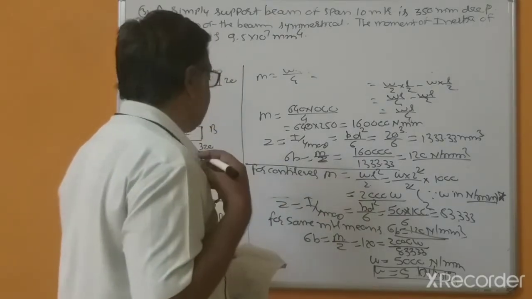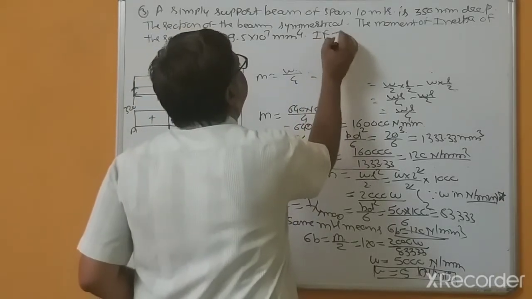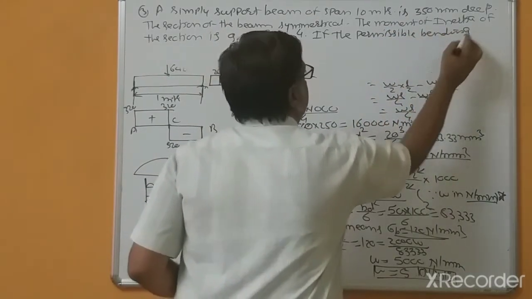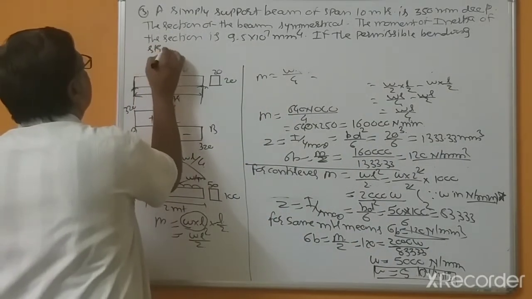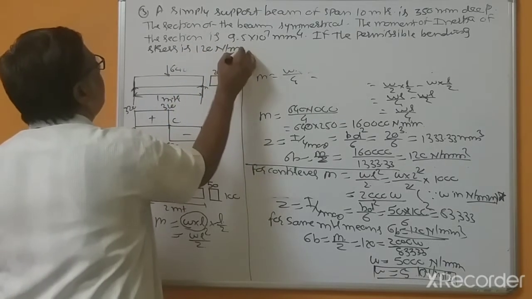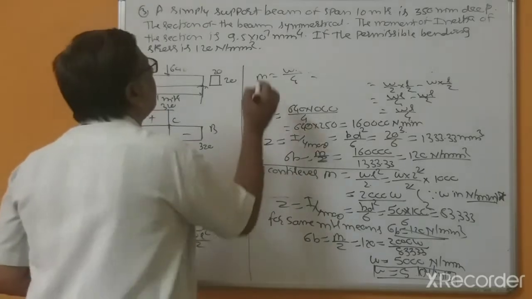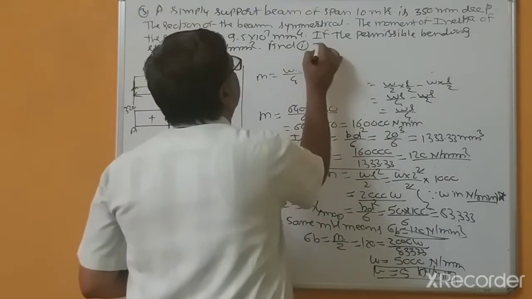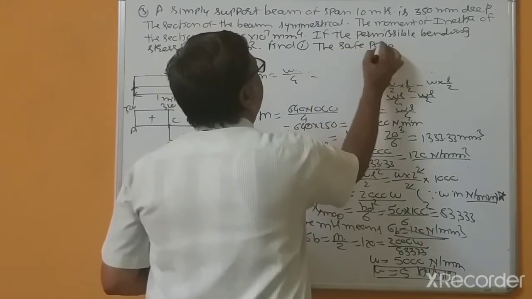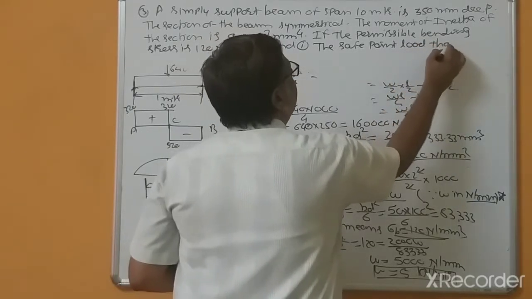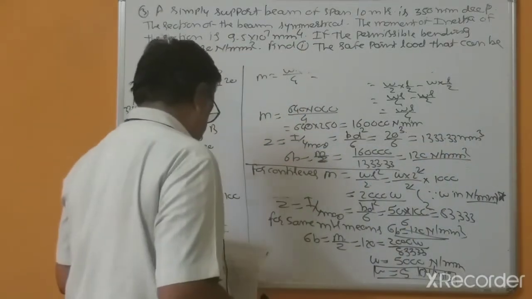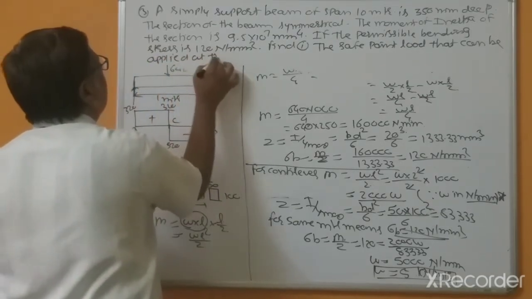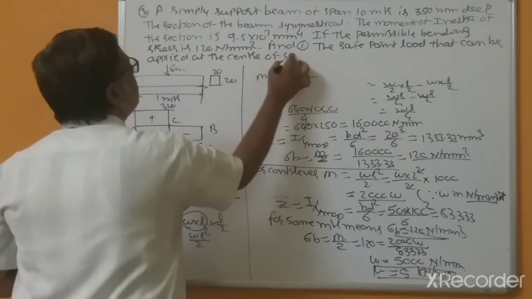If the permissible bending stress is Newton per mm squared, find first, the safe point load that can be applied at the center of span.